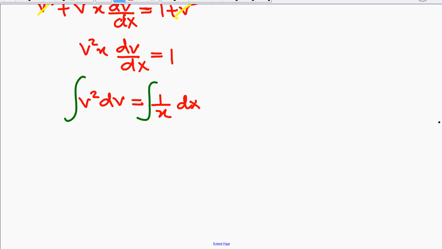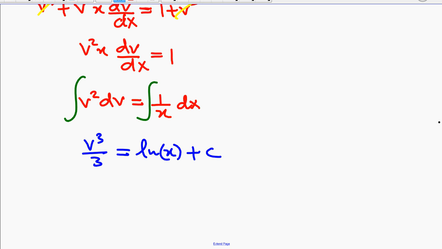So if we integrate each side, we'll end up with v cubed over 3 will be equal to ln x plus c.